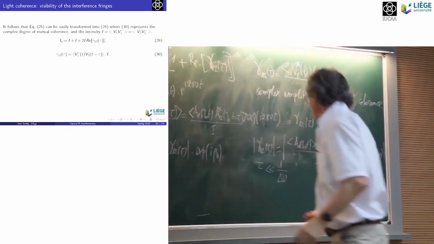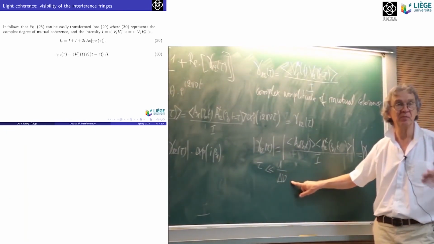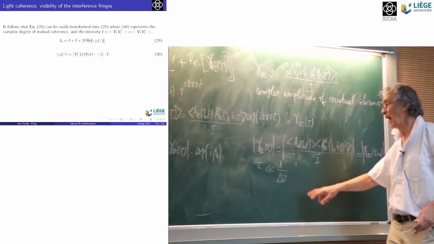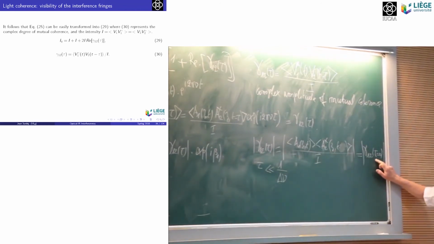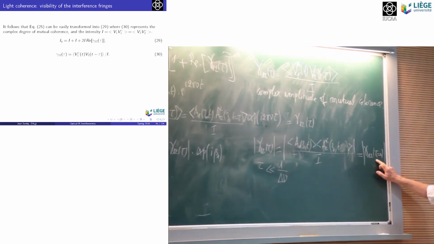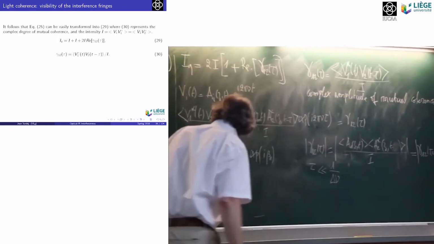This is essentially due to the fact that the amplitude varies very slowly. And if I make the assumption that the time delay is much smaller than the period of the beat phenomenon, I can say that the module of that quantity is equal to the module of that quantity for tau equal to 0. Okay? So what does all of that become?